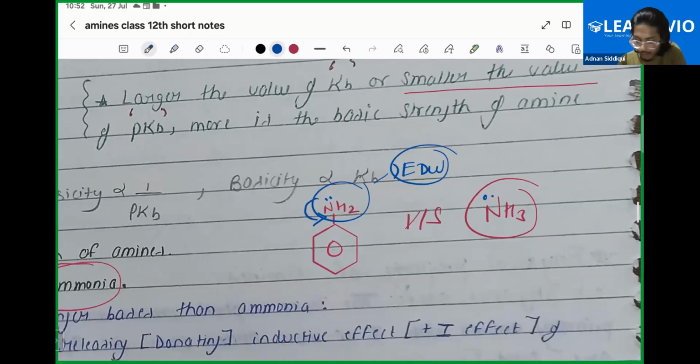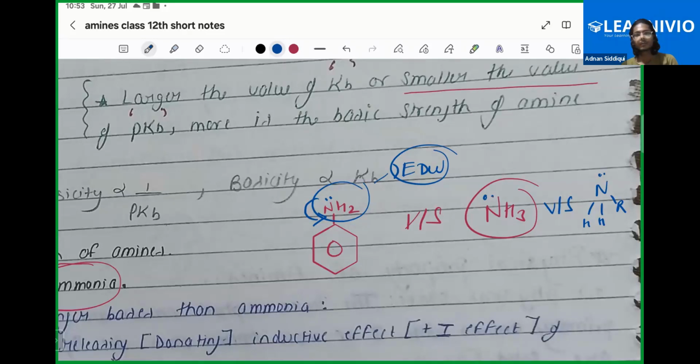What if I am comparing these two with an amine as well? Suppose now I have a 1 degree amine, a simple amine. Now out of these three, which one is the strongest base? The 1 degree amine. Why?